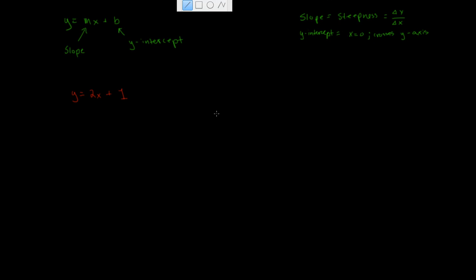We would like to actually graph this line on this plane right here. Remember, this is our y-axis and this is our x-axis. Negative is to the left and positive is to the right on the x-axis. Up is positive and down is negative on the y-axis. And we want to graph this.